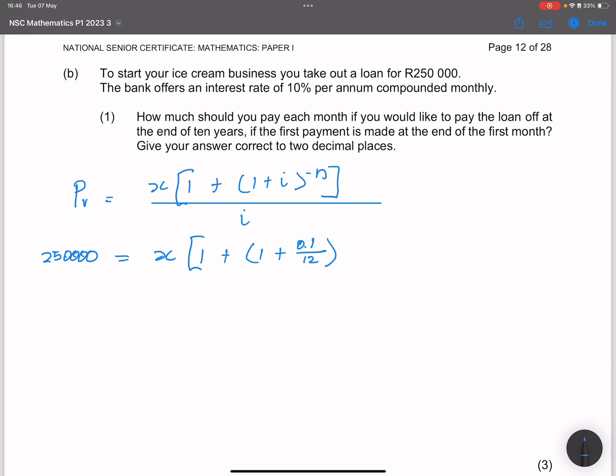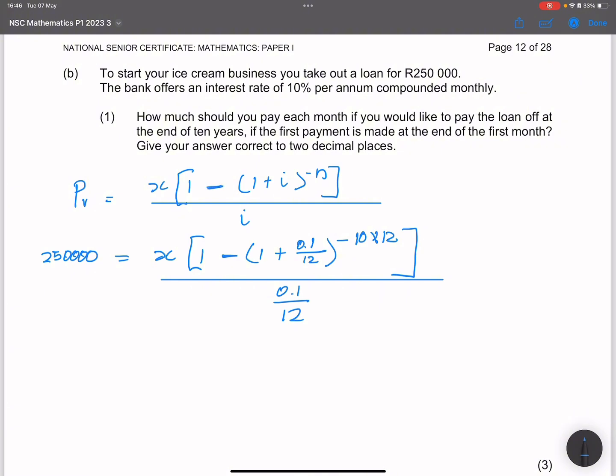Remember, we want to pay off the loan in 10 years, so that would be 10, but remember that's in months. So this would be 0.1 over 12. Actually this should be 1 minus, sorry about that. So that's 1 minus.